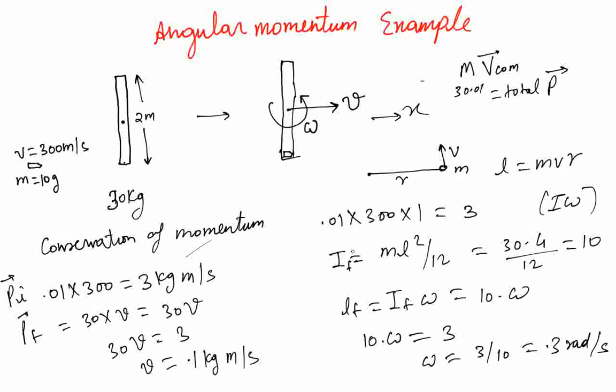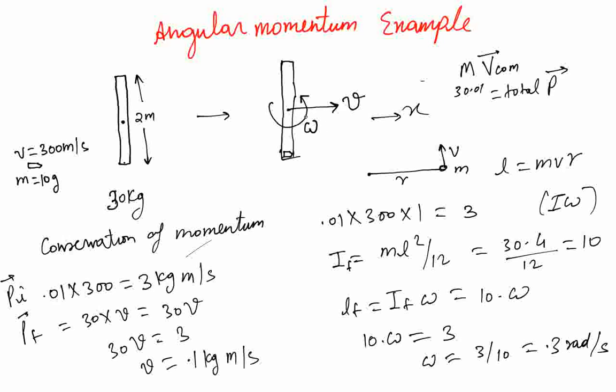So the moral of the story is that angular momentum, which is always calculated with respect to a point, and in this case about the center of mass, there was some value of angular momentum for this bullet about the center of mass, which remained conserved.